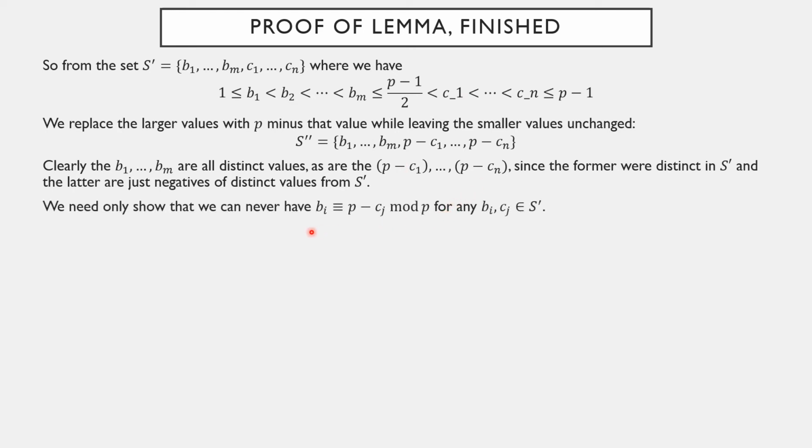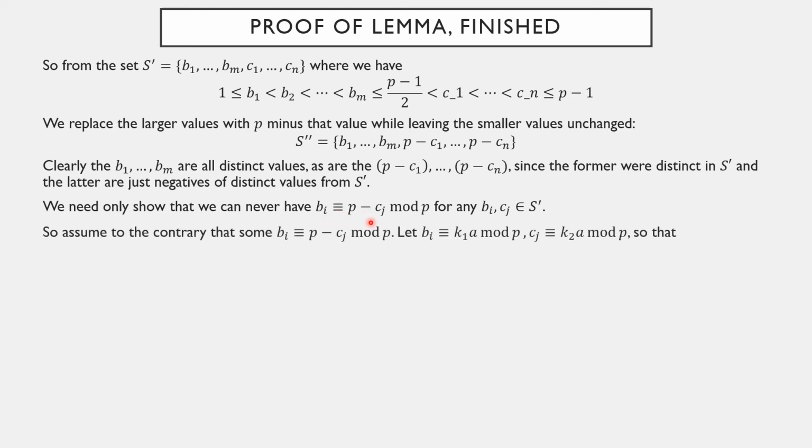What we just need to show is that one of the small remainders is never the same as one of my modified big remainders. So let's assume that this does happen. One of my small remainders is in fact equivalent to one of my big remainders, modified by doing p minus it. So bi is a small remainder. It's k1 times a mod p. The cj was one of my big remainders, so it's equivalent to k2 times a mod p.